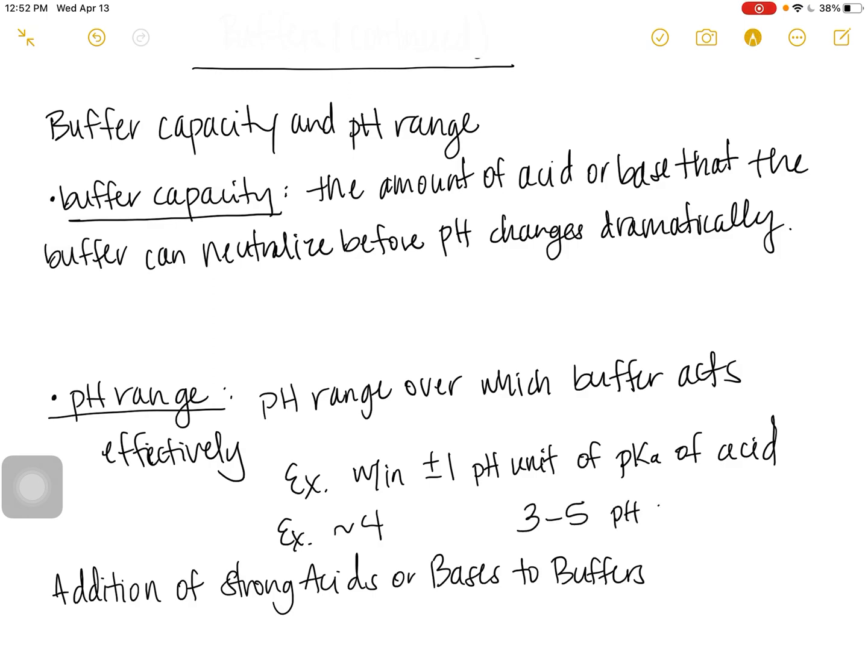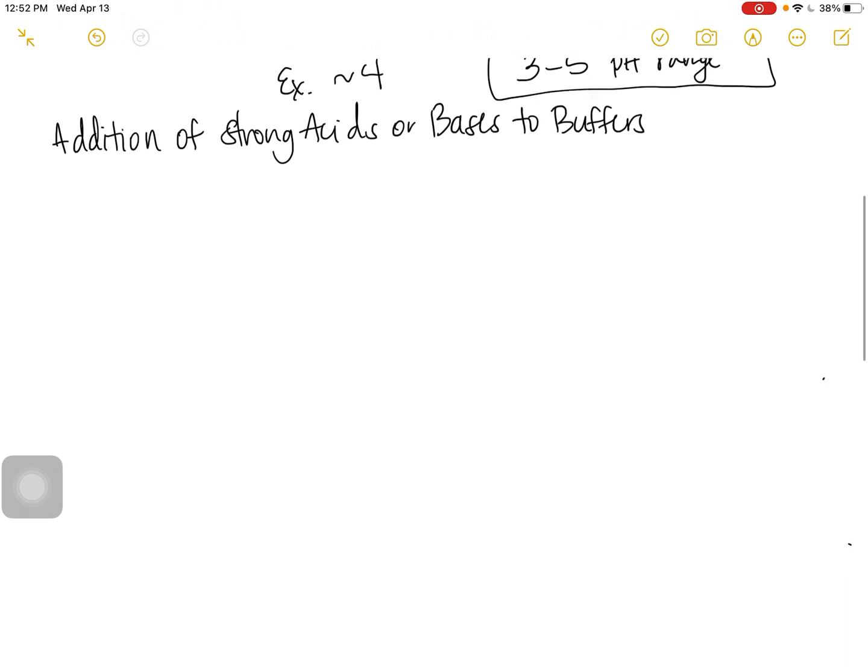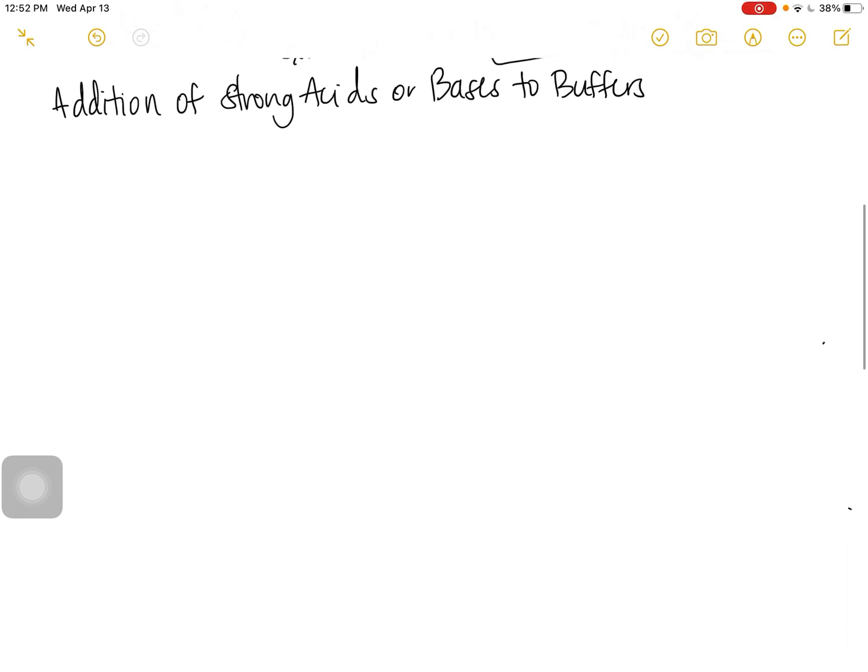So somewhere in the range of 3 to 5 would be the pH range of this buffer, based on the pKa value. And that's just a rough estimate of where the buffer would be able to neutralize acids and bases effectively.